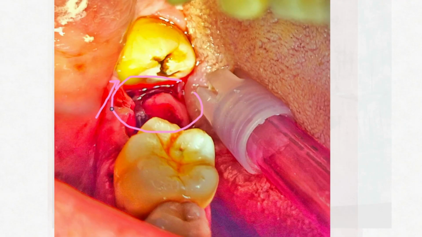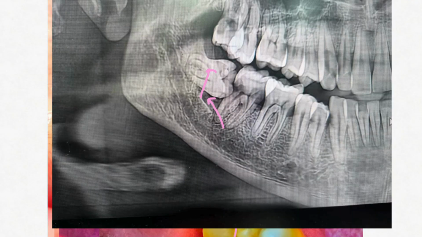We conserved the bone in this area, saved the patient from a lot of trauma due to the bone heating after bone removal, due to the mucoperiosteal flap elevation. So less pain, less swelling, less trismus, and less time and more efficient extraction and more easier experience for the patient.